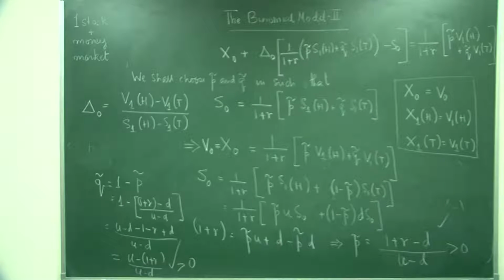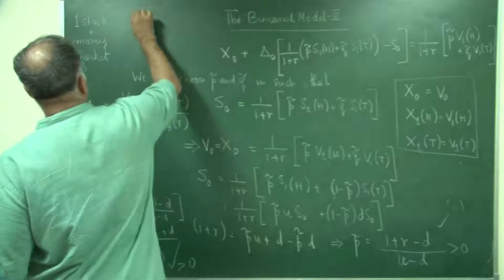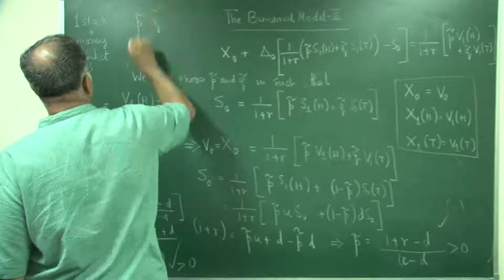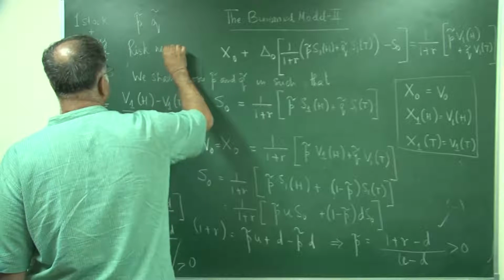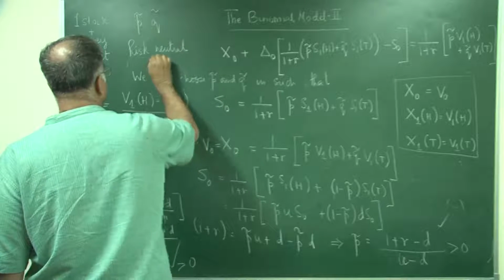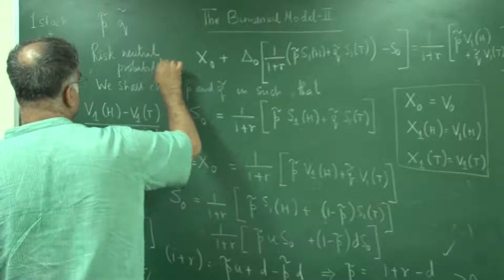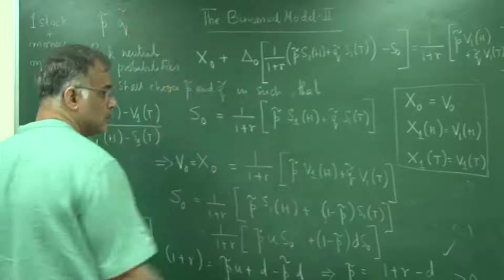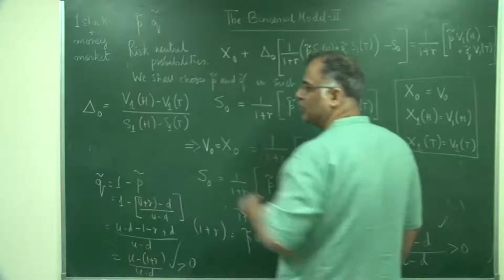P tilde and q tilde have a very important name. They are called the risk neutral probabilities. I will tell you why. Why am I calling p tilde and q tilde risk neutral probabilities?